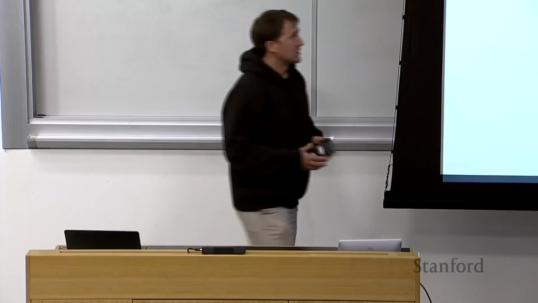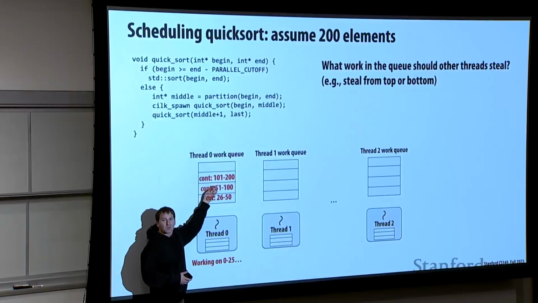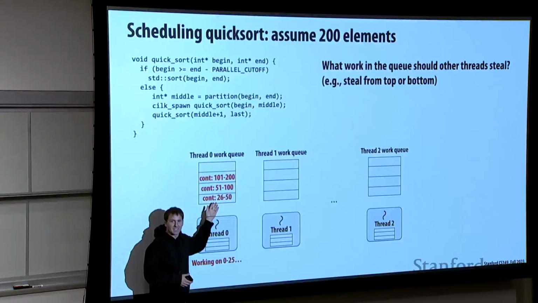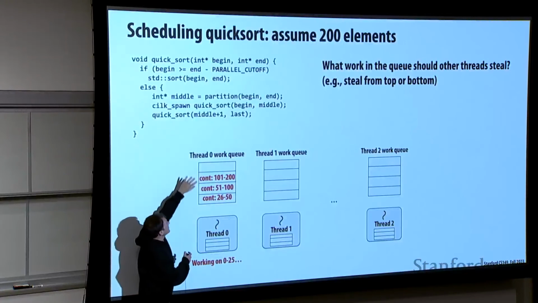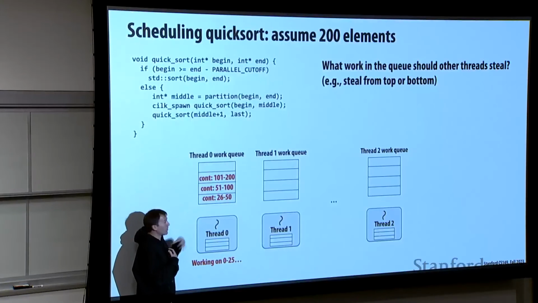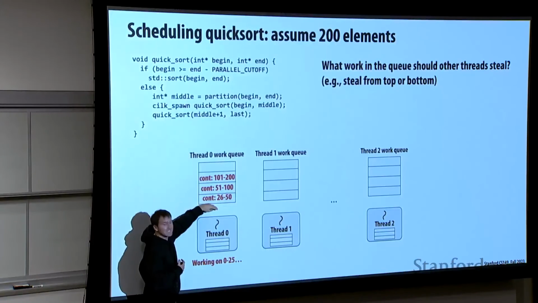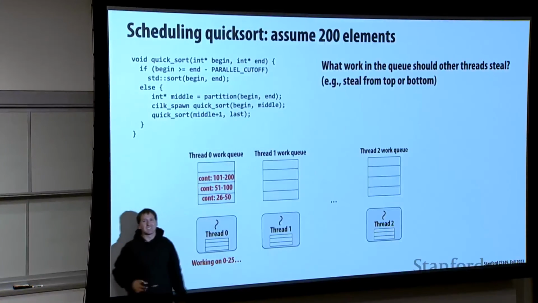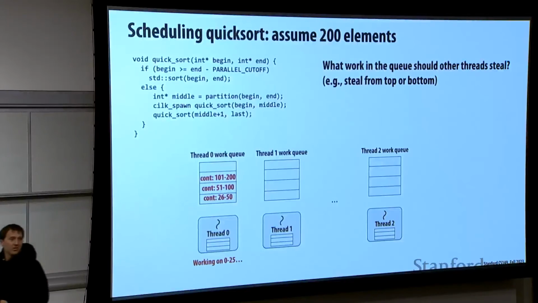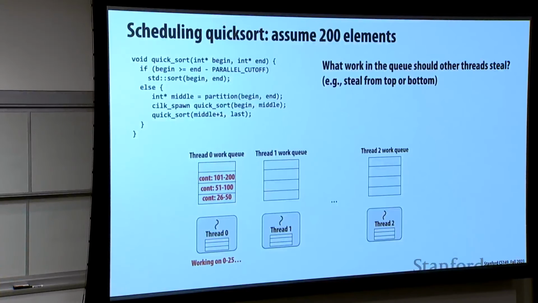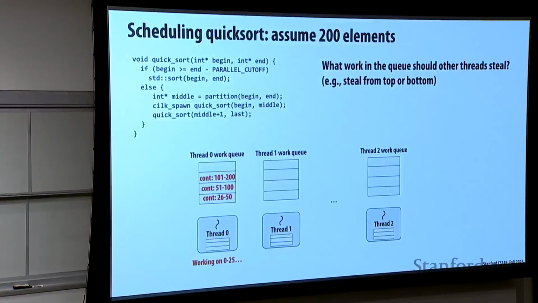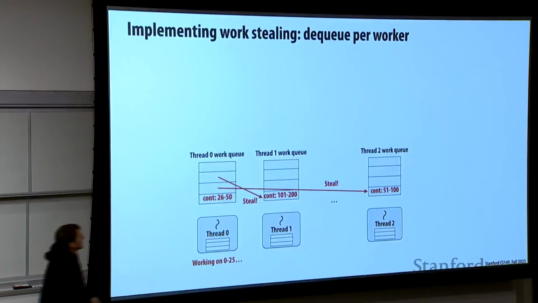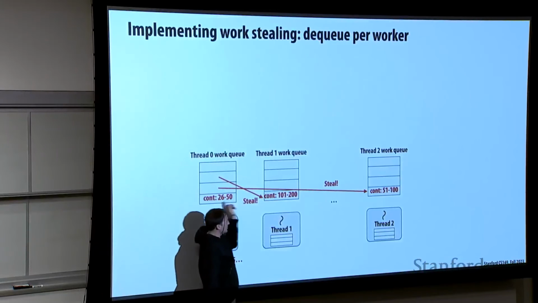One is the one that you mentioned: if you steal a lot of work, you won't have to synchronize again for a long time. And two, if you make sure that thread 0 is only touching this end and all other threads are touching the top, there are very efficient data structures that you can use that don't require nearly as much synchronization.